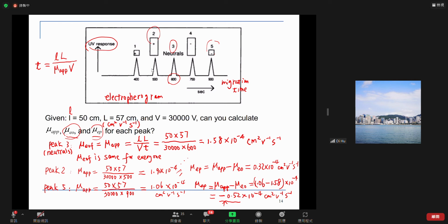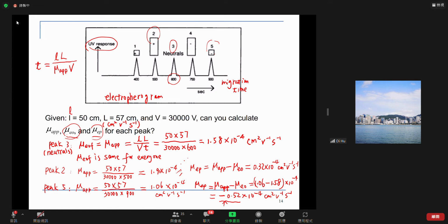I think by now you must understand what EOF is and what EP is, right? And you understand why electrophoretic mobility can separate the ions. You will understand why electro-osmotic flow just sweeps everything to the detector side. You also know how we get different mu EP and mu EOF.